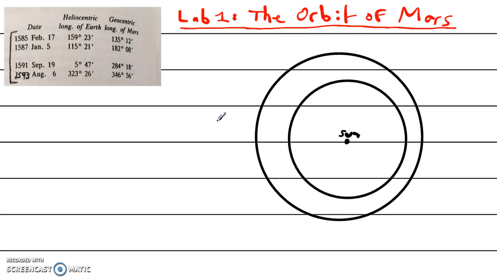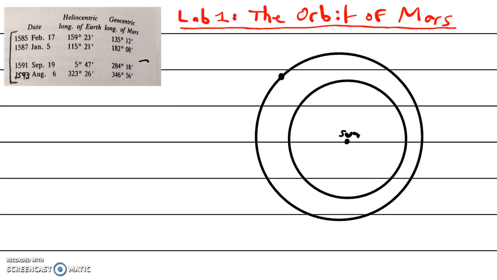Each pair of data points on the table on page 2 corresponds to one particular position of Mars in its orbit. So the first two lines correspond to the position of Mars in the same place in its orbit. For example, Mars would be over here, and both of these points correspond to the same position of Mars.